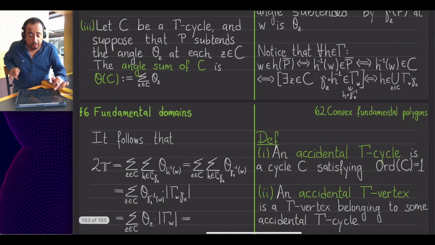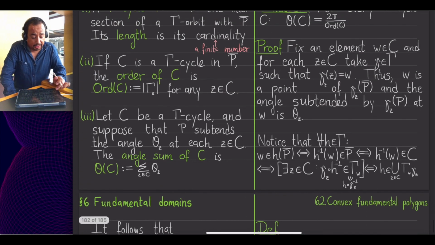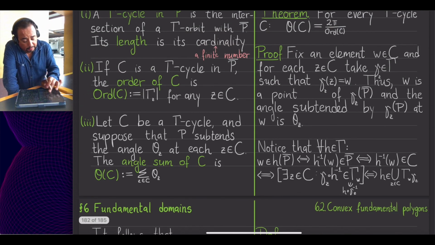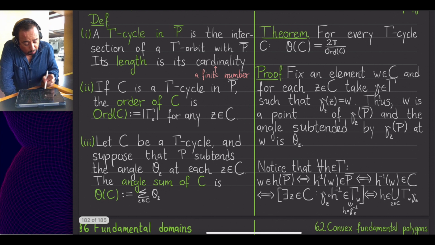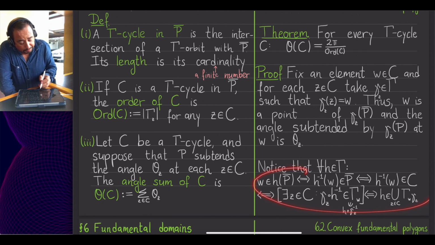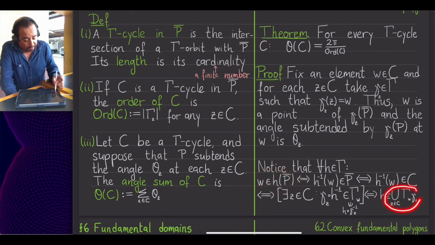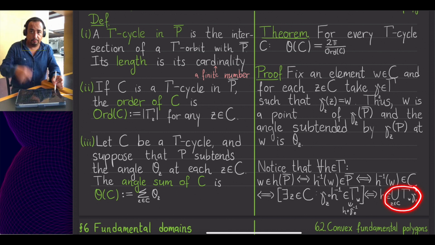Okay, now you see, what we have found here is that the elements H with the property that W is in the corresponding image of P bar are precisely the elements of this union. That's what we have shown.